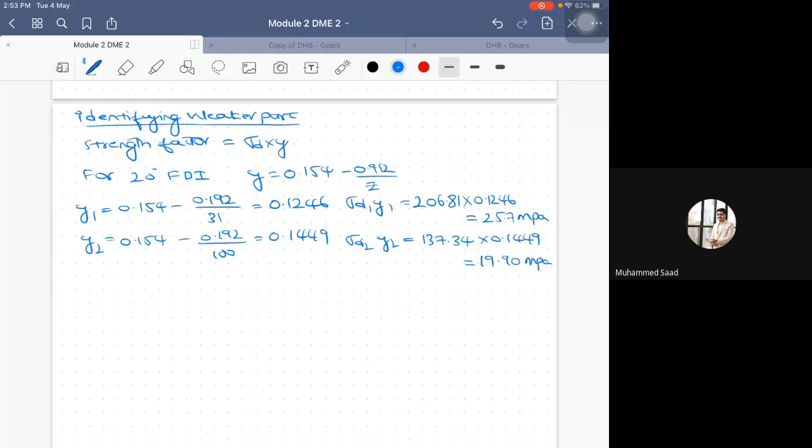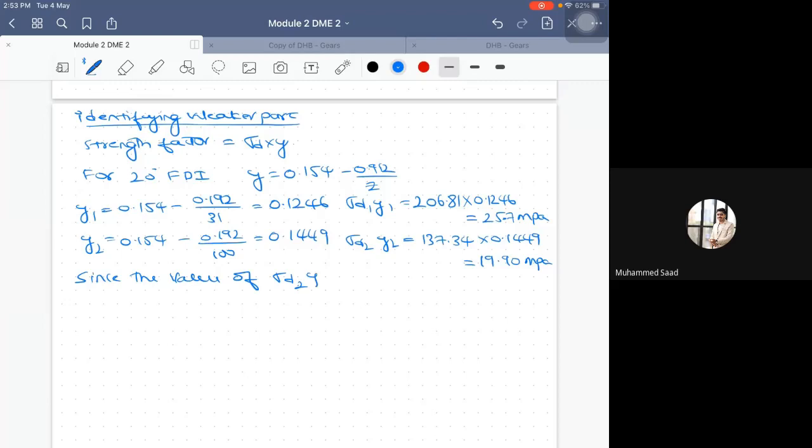So on which should I design my gear? Should I consider the pinion or should I consider the gear? Yes, so it is the gear.